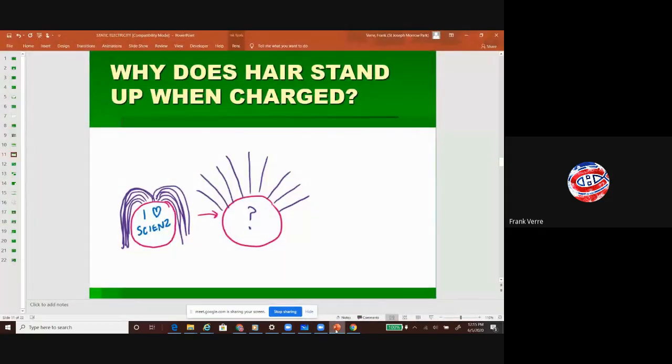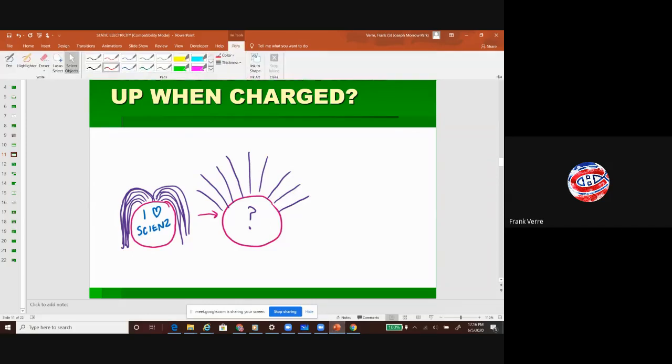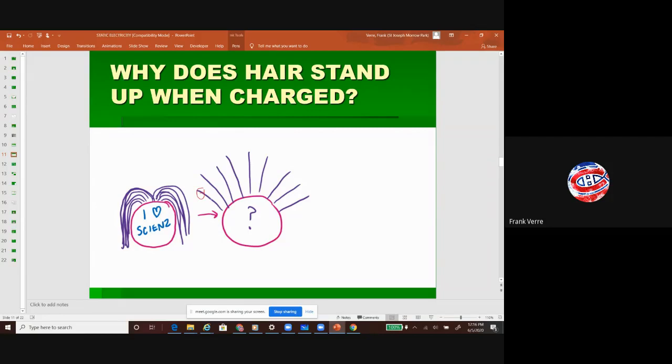So as you saw, when John Travoltage picked up that charge, he was negatively charged, right? Now, what does that mean? Well, that means that even his hair follicles would be charged. So if each hair strand is also negatively charged, then it explains why hair stands up, right?